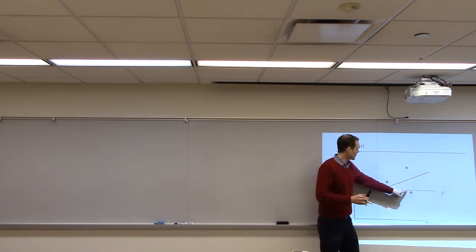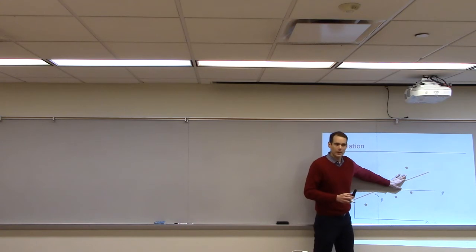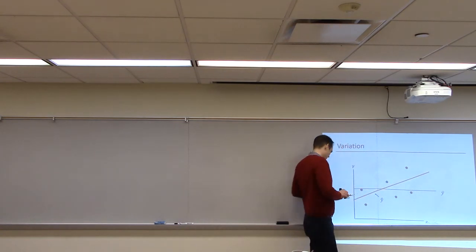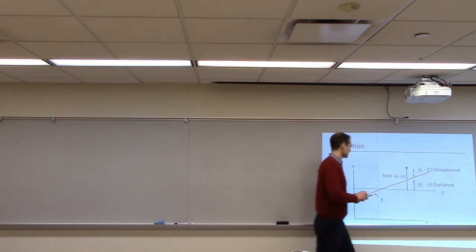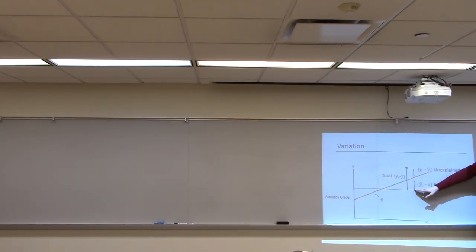So the total variation is from the average to the actual data point. And we're able to explain some of it, but not all of it. So the total is from here. From here, from the average to the regression line, we're able to explain that.